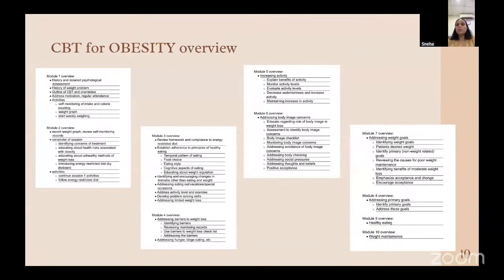So the most important treatment aspect for obesity is CBT for obesity. And many research articles have proven its efficacy, no matter what the cause is. Definitely, when there are medical causes, we have to go hand in hand. But CBT for obesity, like here you can see the outline.